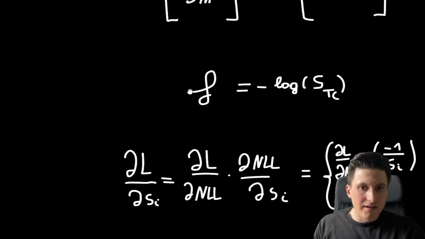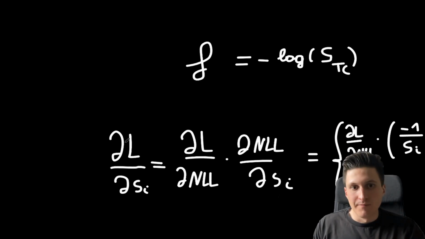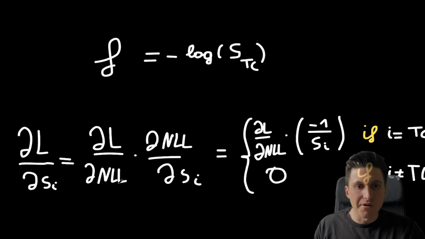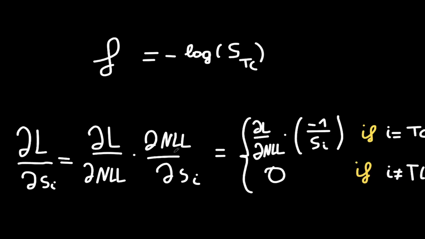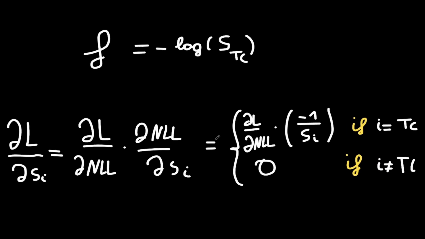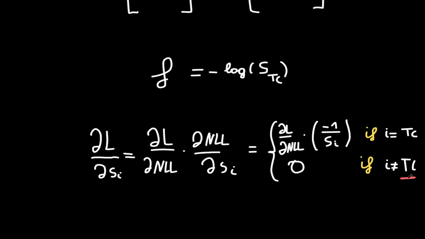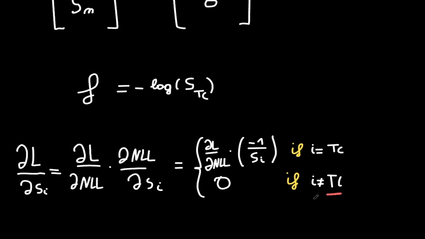And if we then take the chain rule and calculate the derivative of the loss with respect to a specific number on the softmax tensor, it comes down to this. First, let's take the case where i is not equal to the true class.